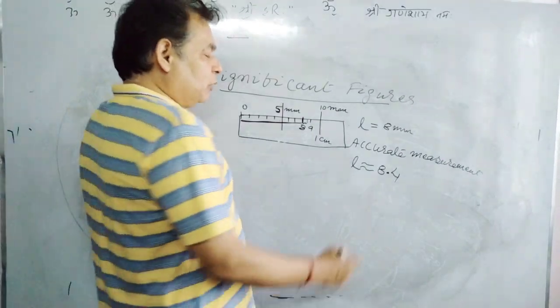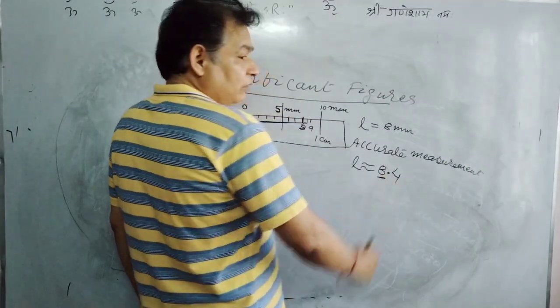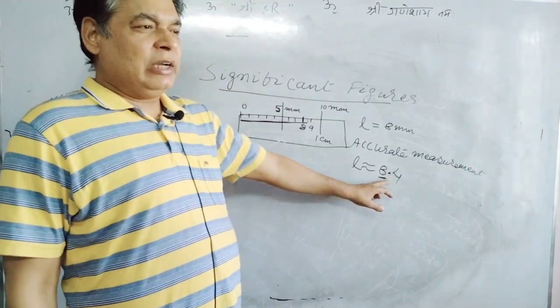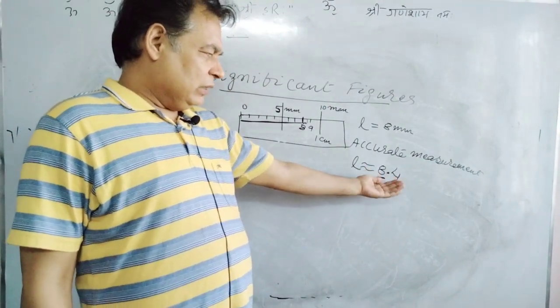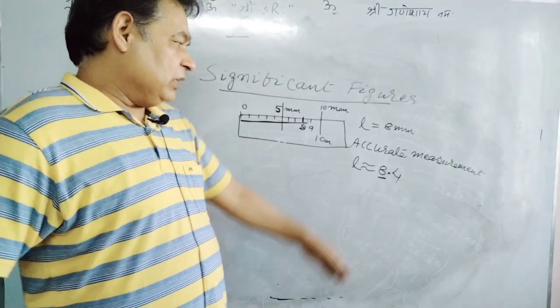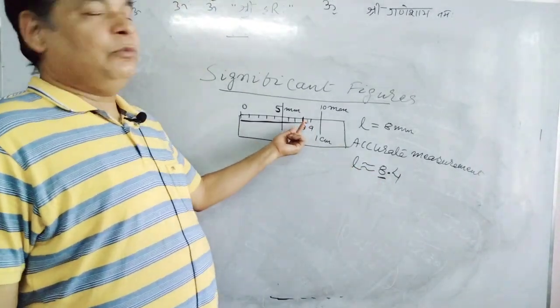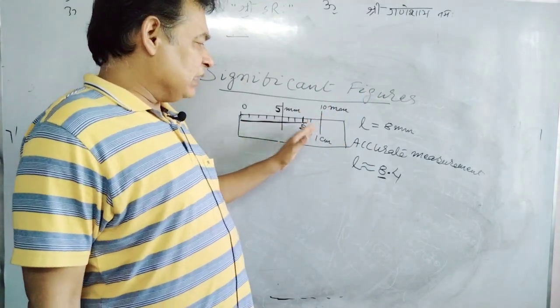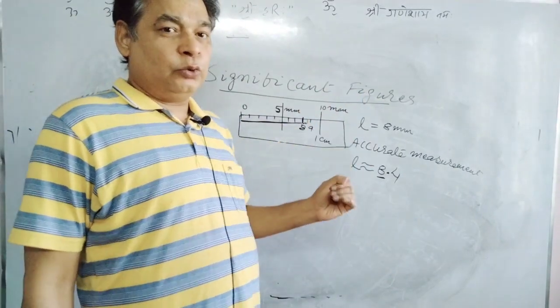We are very sure of this digit 8, but we are not sure of this digit 4. It might be 3, it might be something greater than 3 but less than 4, it might be something greater than 4. Why? Because there is no line which can confirm that this length is exactly ending at 4 or before 4 or 5, 4.